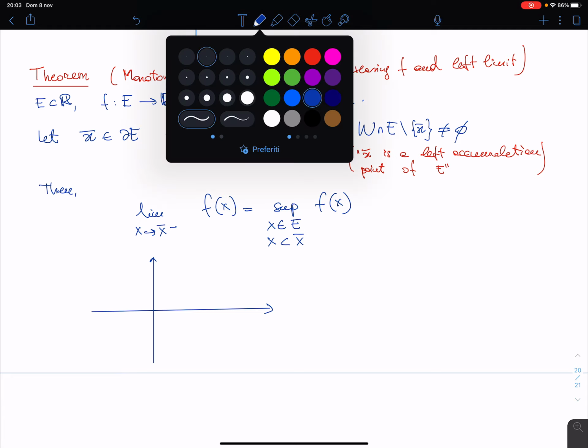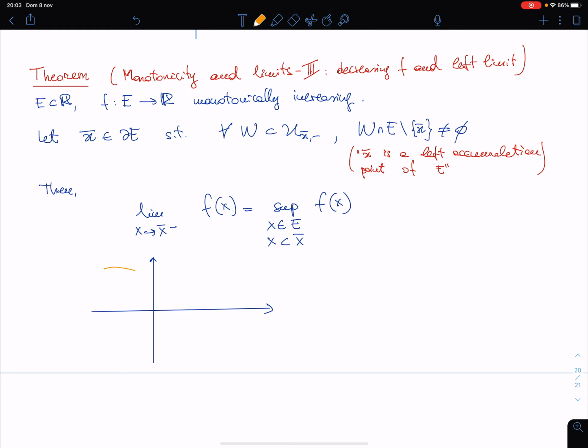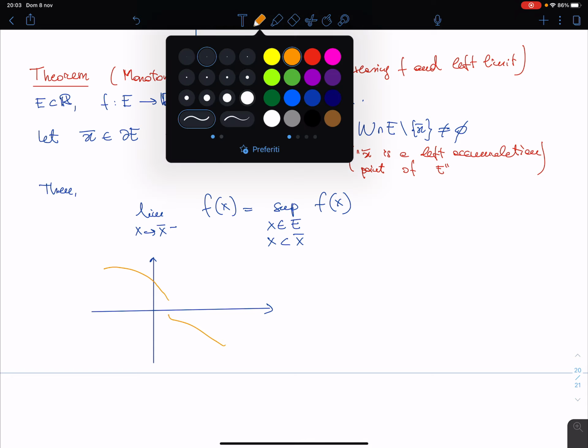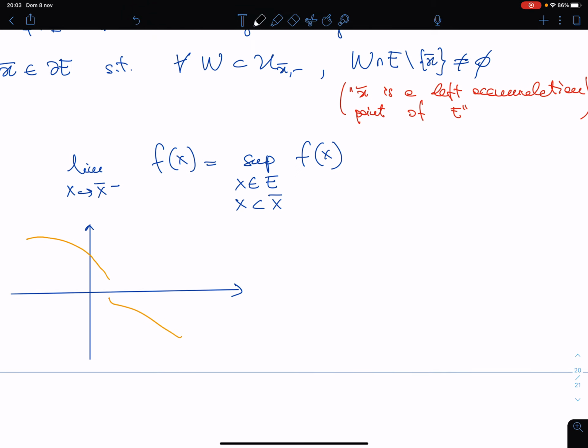So the function is decreasing. So it is like that. And when you perform the limit from the left, you go this direction, so you accompany the function down towards lower values. So instead of the supremum here, you will have the infimum.